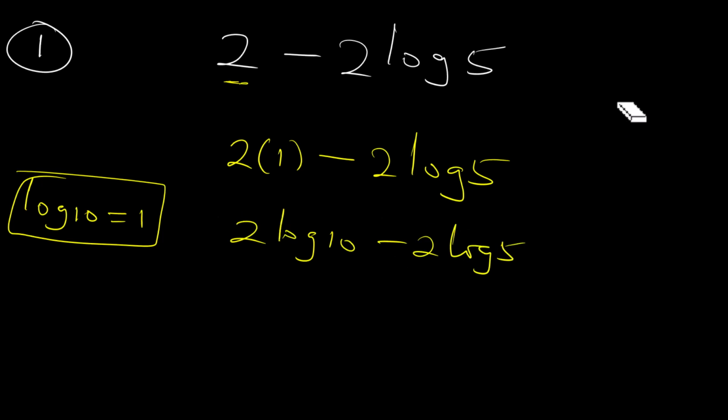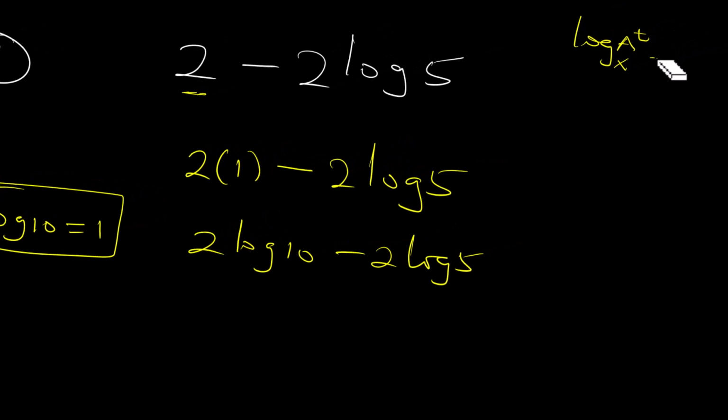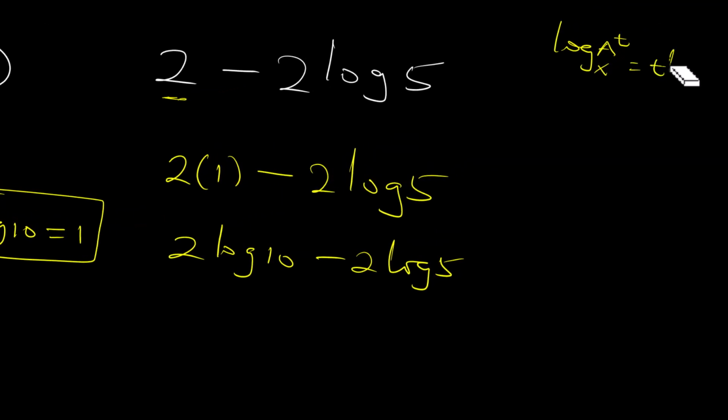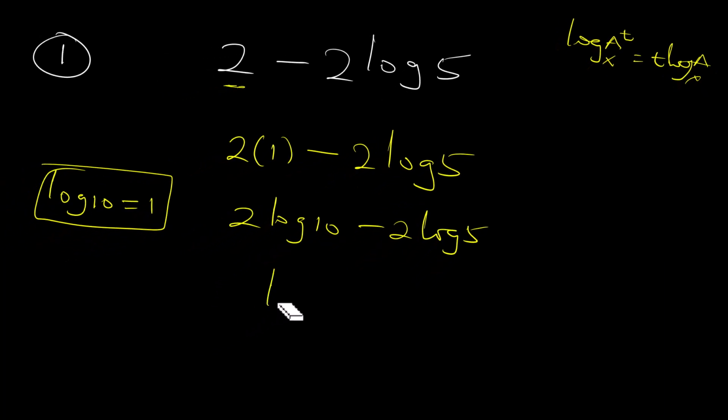Don't forget the third law, which says log a to the power t to base x is the same as t log a to base x. So the 2 comes here as a power: log 10 to the power 2 minus log 5 to the power 2.